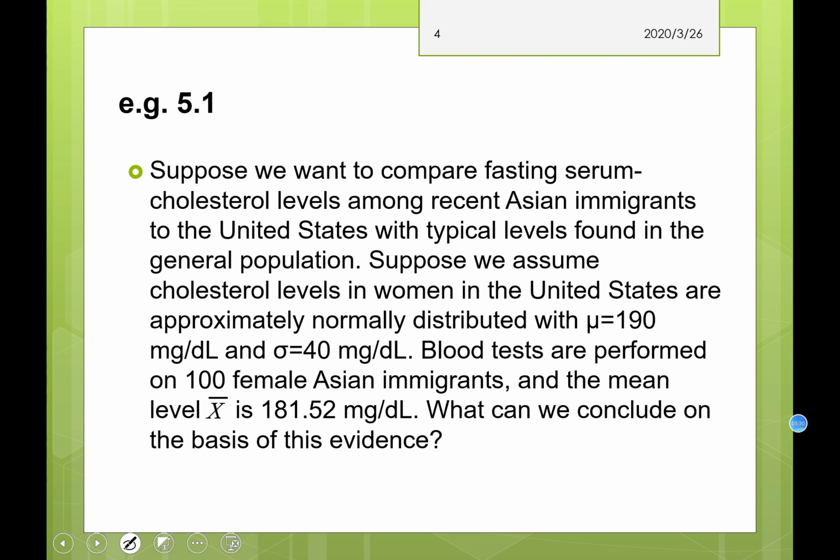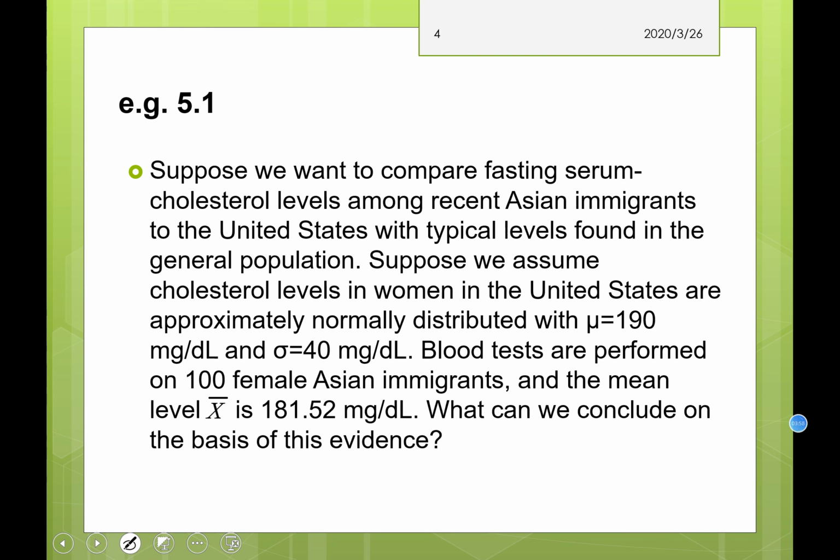Suppose we assume cholesterol levels in women in the United States are approximately normally distributed with mu equals 190 and sigma equals 40. Blood tests are performed on 100 female Asian immigrants, and the mean level X bar is 181.52. What can we conclude on the basis of this evidence?